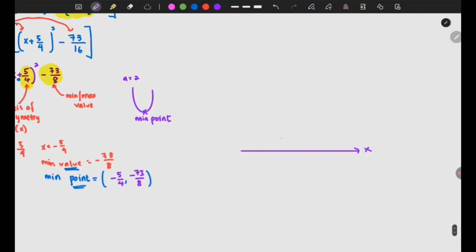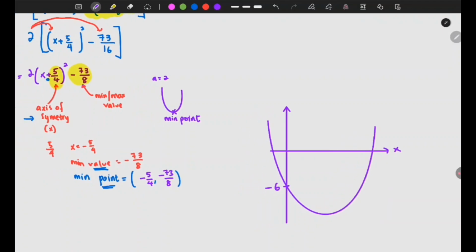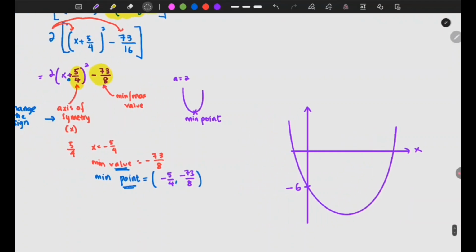How do I know the y-intercept is negative 6?